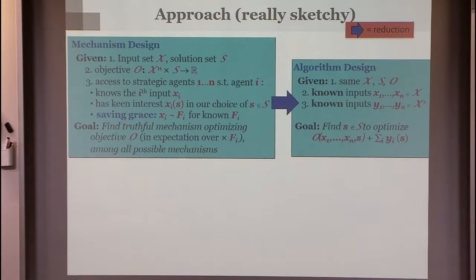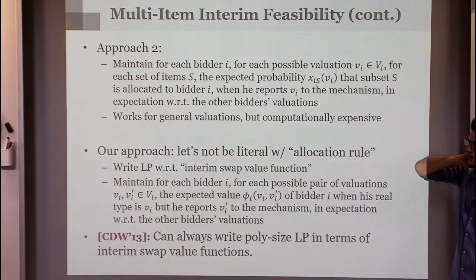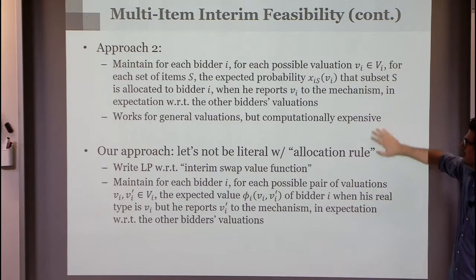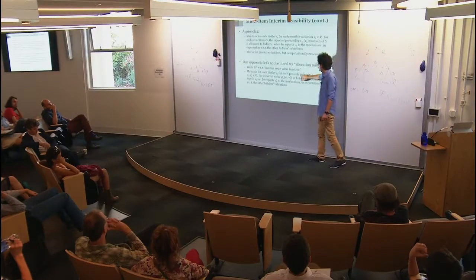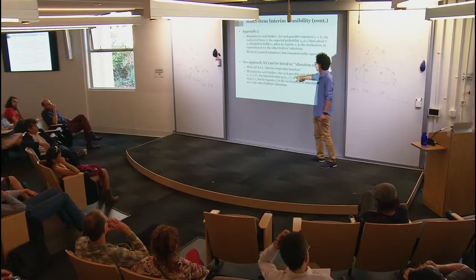So this is at a very high level what's going on. Coming back to this picture, basically what's going on is that... Can we ask you something? Yeah. Sorry, but you clearly wrote at least an exponential size LP right now. Phi I, VI, VI prime. There are many VIs and many VI primes, so you're having many variables. You're right.